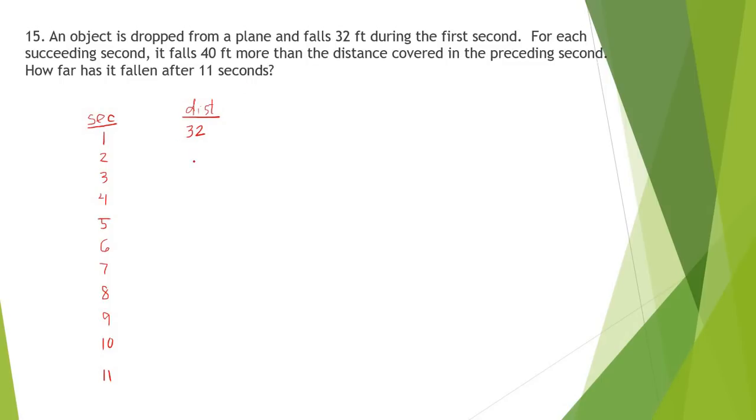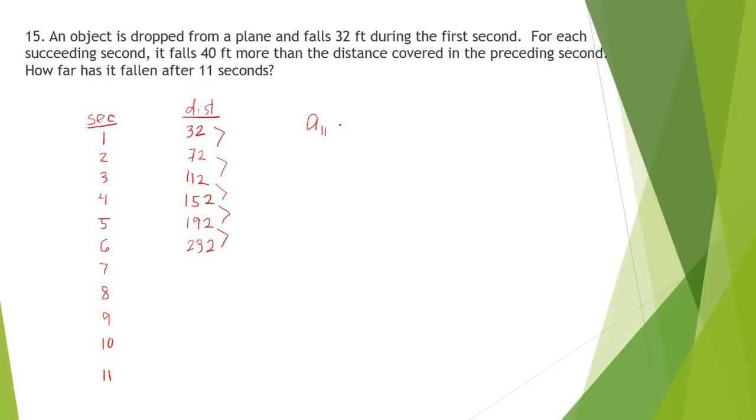So 32 plus 40 is equal to 72. 72 plus 40 is equal to 112. 112 plus 40 is equal to 152. 152 plus 40 is equal to 192. 192 plus 40 is equal to 232. Anyway, we can solve the problem using this method.